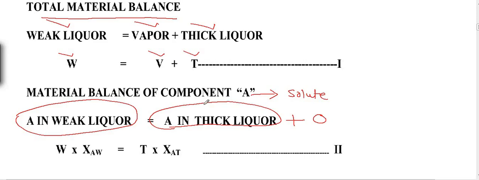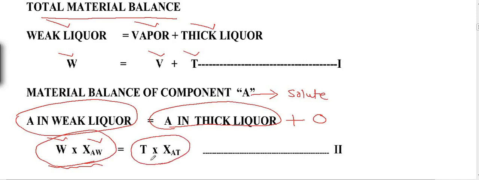In symbols, W is the amount of weak liquor and XAW is the fraction of solute in weak liquor, so W times XAW is the total amount of solute in weak liquor. That equals T times XAT, where T is the total amount of thick liquor and XAT is the fraction of solute in thick liquor.